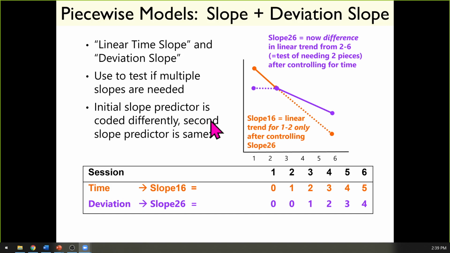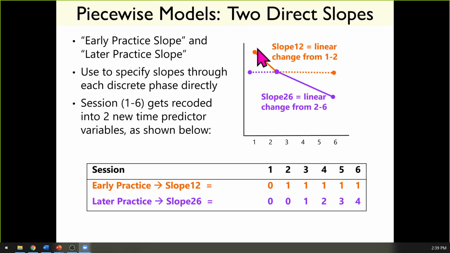those sorts of designs. The good news is that there is a one-to-one correspondence between these two models because each will give you two of the three pieces of information, and the third is a linear combination. So if I fit the previous model that tells me change from slope 1 to 2, and then change from 2 to 6, I can ask for the difference in these two slopes as an estimate statement.